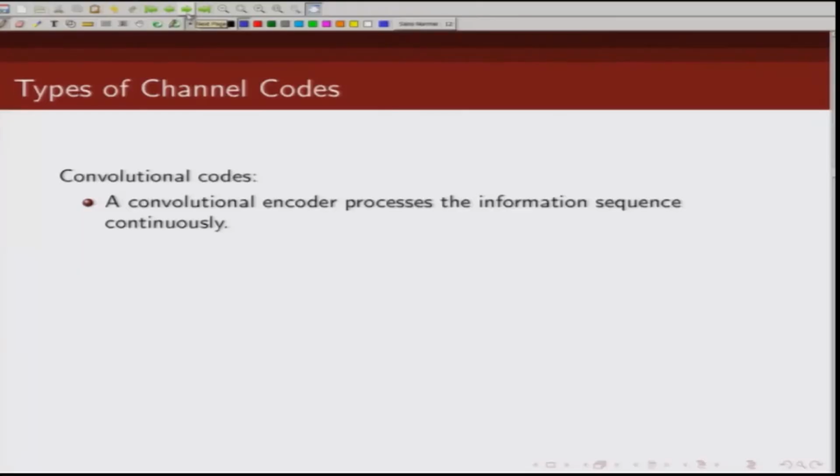Okay. So, let us now contrast it with what are convolutional codes and how are they different from block codes. In block codes we parse our information sequence into blocks of data and we handle them block by block, whereas in a convolutional code you can process your information sequence in a continuous fashion.